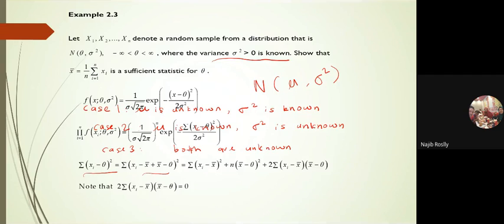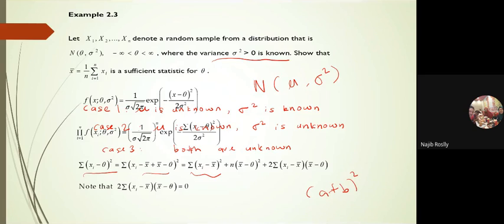We expand this formula. It is quadratic, so expanding it you have summation (xi minus x bar) square, plus n times (x bar minus theta) square. The reason we have n is because the term doesn't contain xi. Then you have 2 times summation (xi minus x bar) times (x bar minus theta). It is the same thing as expanding (a plus b) square.